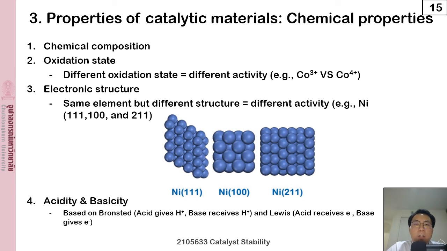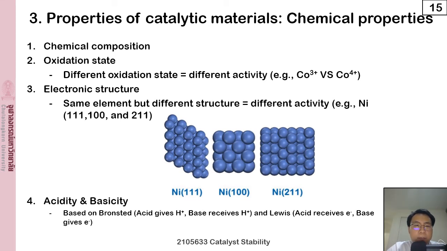Hence, it will give you different catalytic properties. So choosing the right plane and the electronic structure will depend on the plane that you choose. So it all links together, those 3. The last one seems far from the first 3, but let's see what it connects.